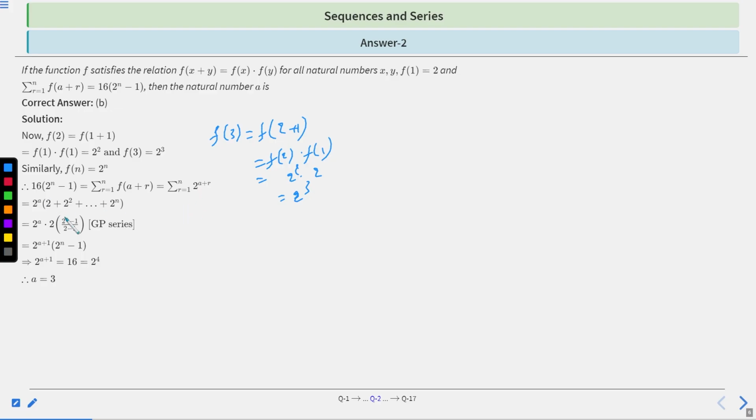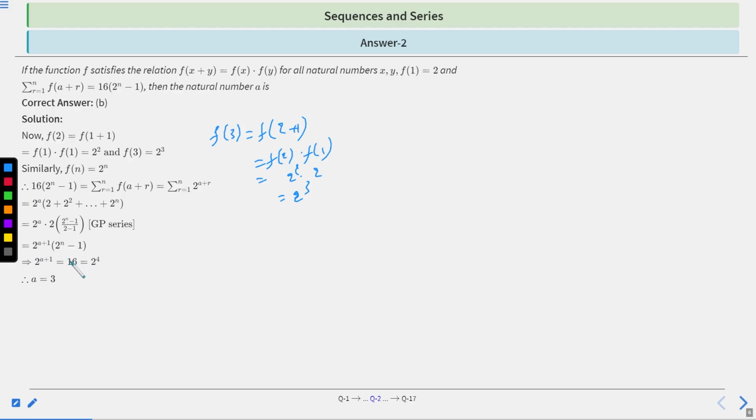So take 2 to the power a common. So 2 to the power a into 2 plus 2 square plus 2 cube till 2 to the power n. Now this is a GP. So the summation is a into a to the power n minus 1 upon a minus 1. So 2 into 2 to the power n minus 1 upon 2 minus 1.